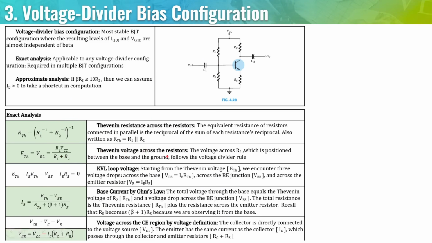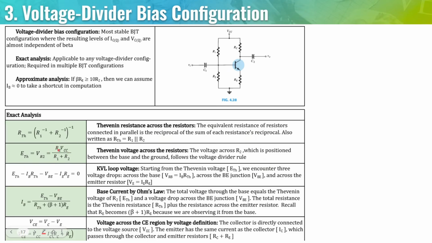Next is the Thevenin voltage. Since the voltage is now in parallel, so VCC is connected to VR1, we must use this formula. So the Thevenin voltage is equal to VCC times the voltage divider formula.